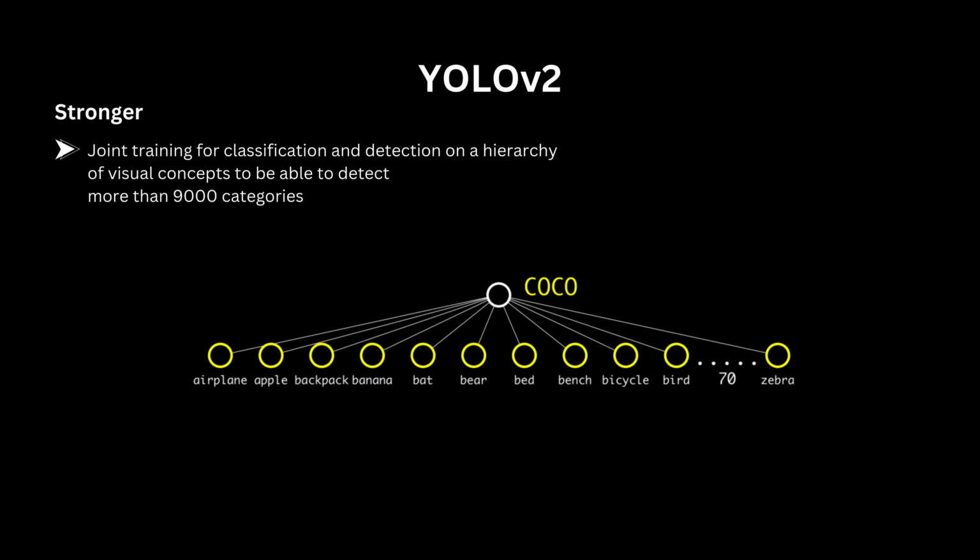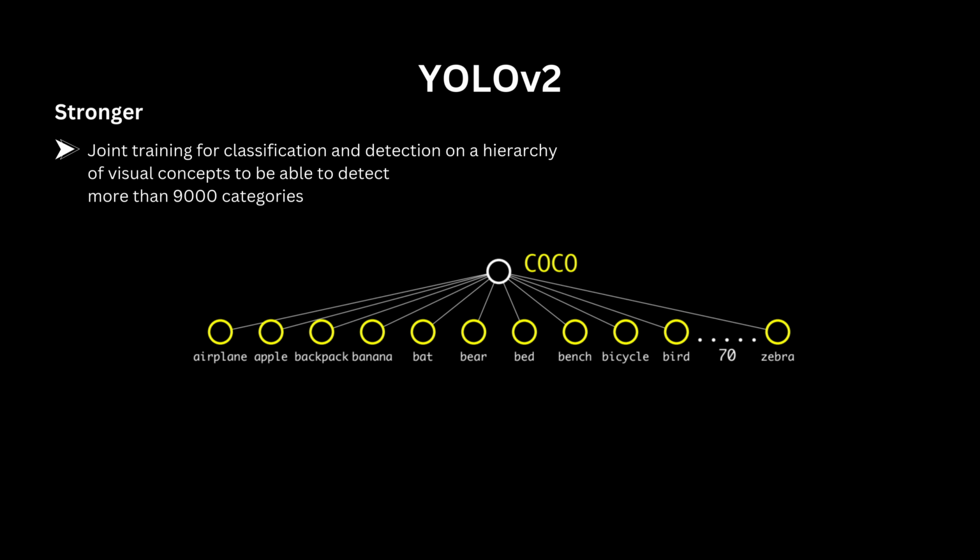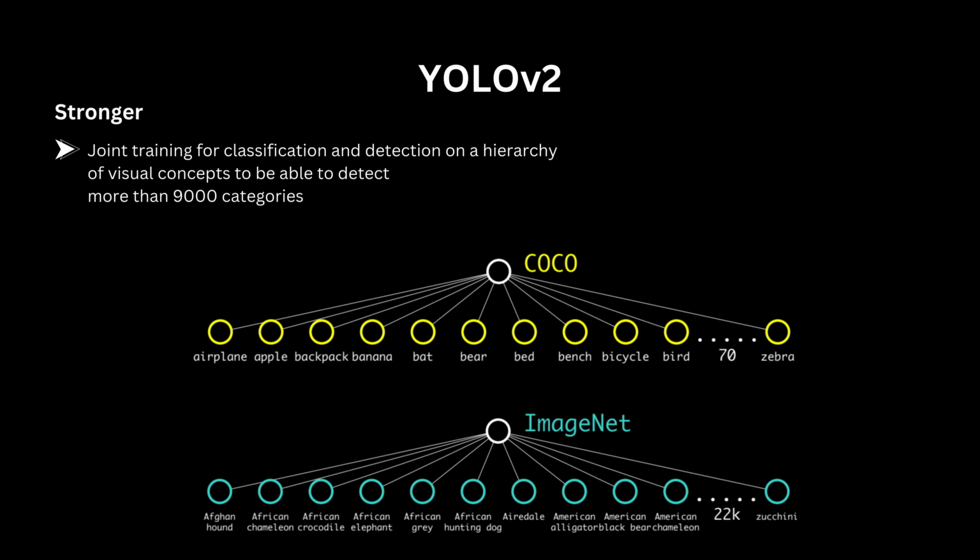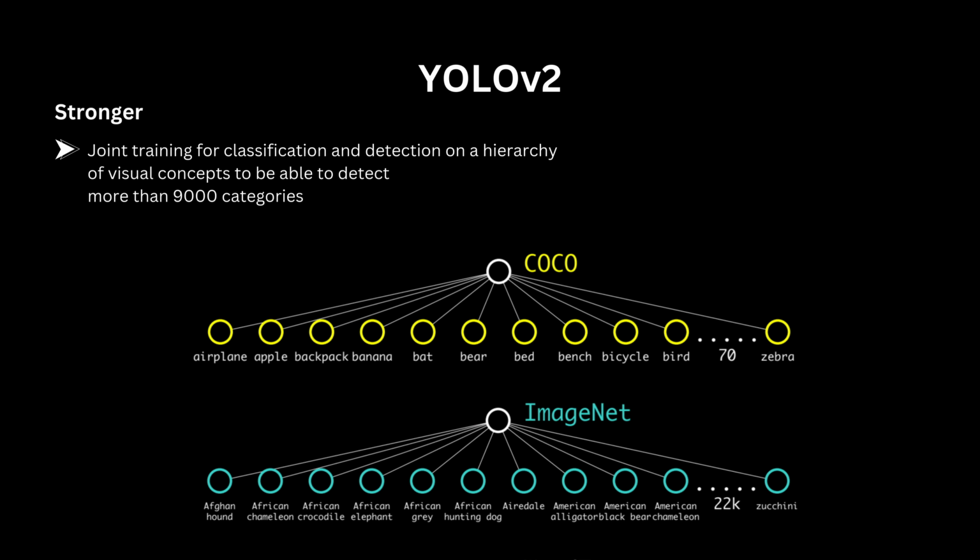So as an example, let's use the Coco detection dataset, which has these small number of categories. And these are all the classes present in the ImageNet 21K classification dataset. Obviously, there is a huge difference in the number of classes in both datasets, but let's see how we can use this to our advantage.